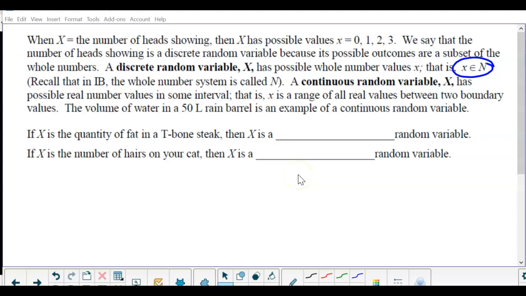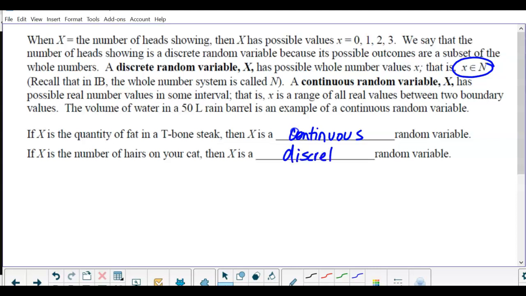If x is the quantity of fat in a T-bone steak, do you think that's discrete or continuous? Continuous. If you have precise measurements, it could be any decimal value in between. If x is the number of hairs on your cat, then you can't have half a hair, so that is discrete.